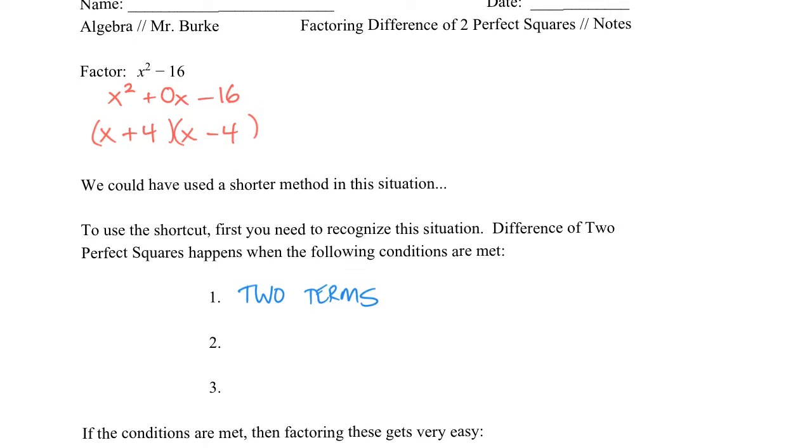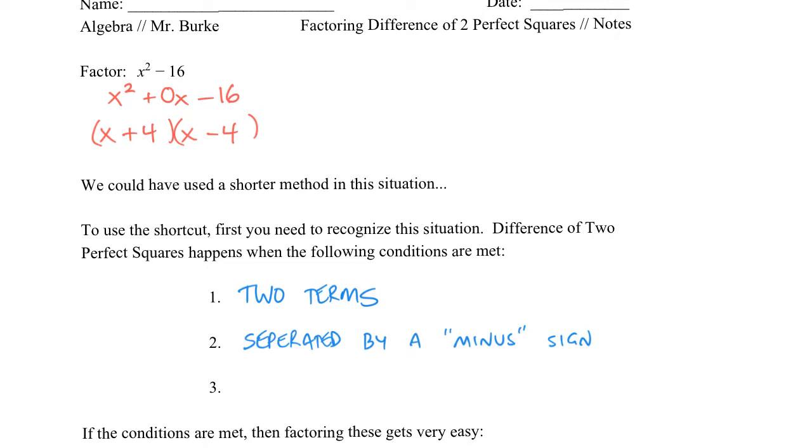If it's a plus, this doesn't work. So, separated by a minus sign. Okay, this is called the difference of two perfect squares. Difference means subtract, not add.